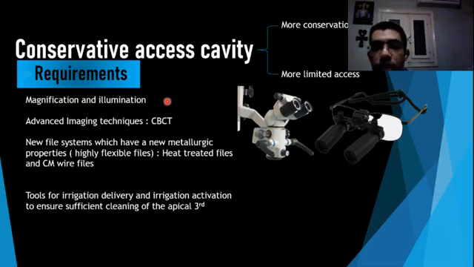Your vision will be more limited, and the amount of light entering the access cavity will be more limited. So in order to see what you are doing, you will need a good source of magnification and illumination.